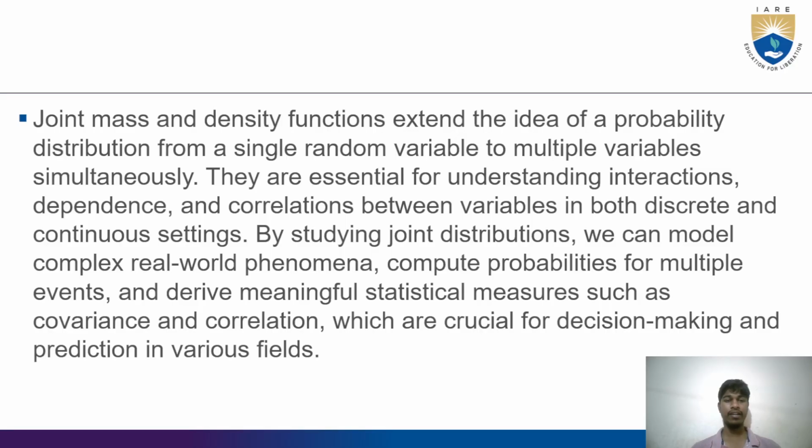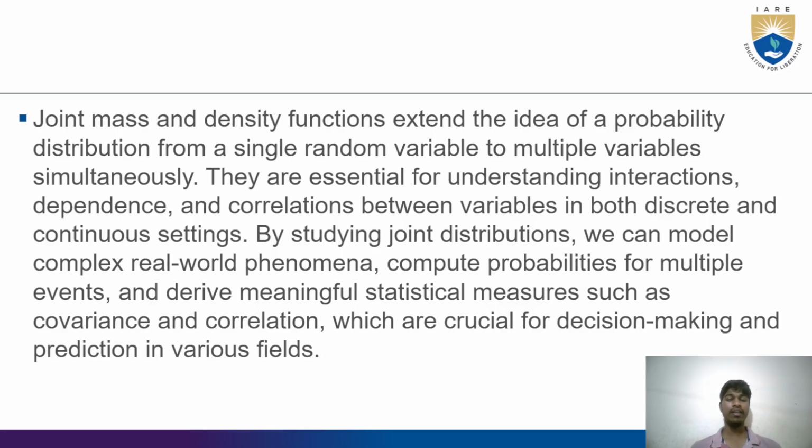Joint mass and density functions extend the idea of a probability distribution from a single random variable to multiple variables simultaneously. They are essential for understanding interactions, dependence, and correlations between variables in both discrete and continuous settings.